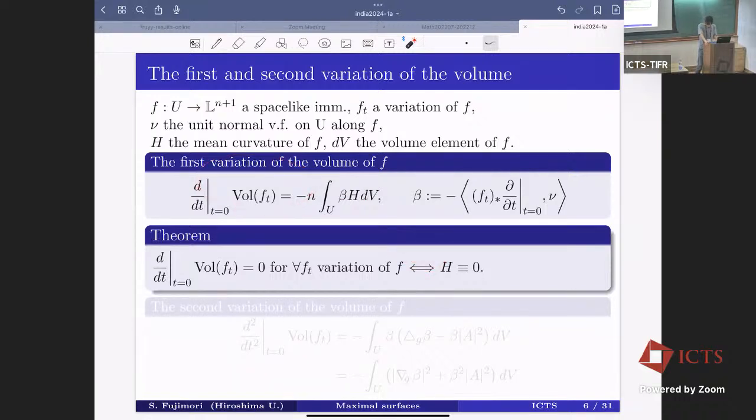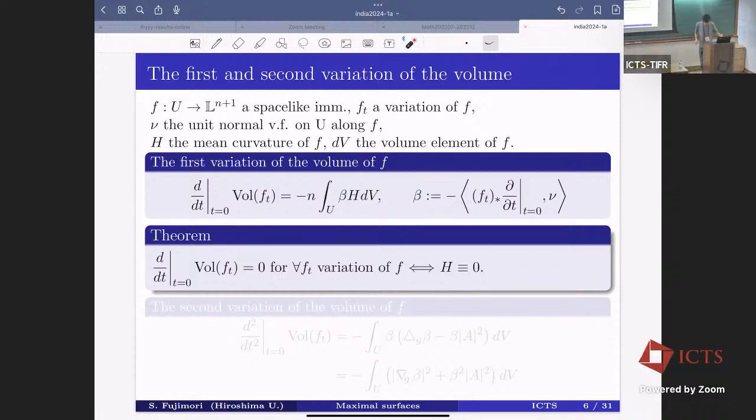But if H does not vanish identically, then there is a suitable variation so that this integrand is positive. So there exists a variation so that this volume becomes maybe negative. So this holds.